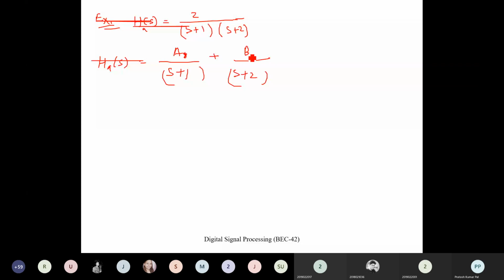So for that, what we need to do is, suppose we need to find out the value of a.